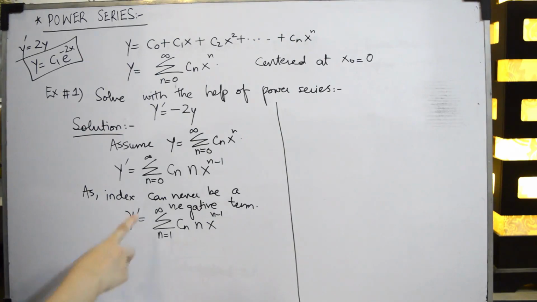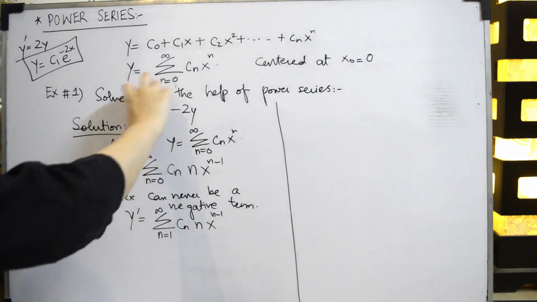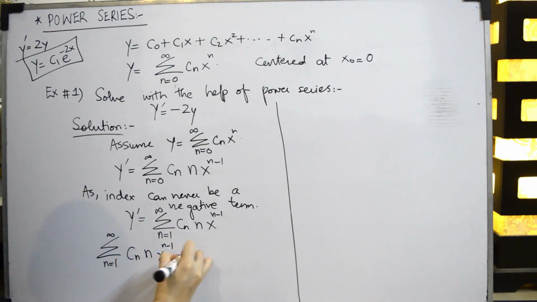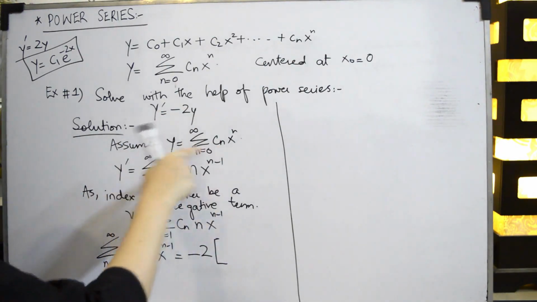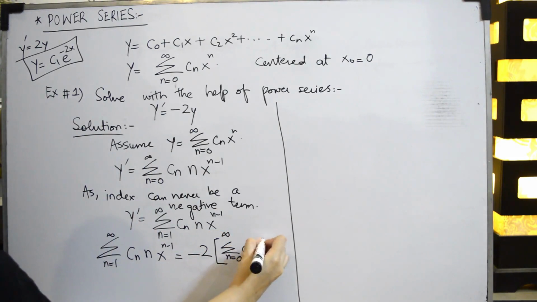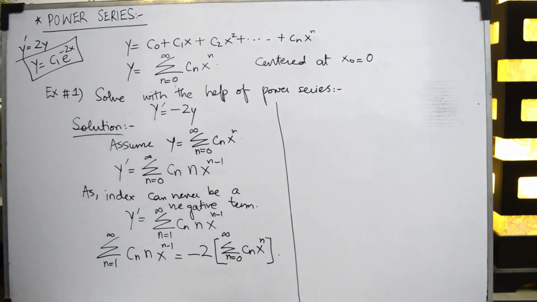Now put this y dash and y into the given differential equation. Then y dash, the sum from n equals 1 to infinity of cn n x to the power n minus 1, equals minus 2 into y. By our assumption, y is the sum from n equals 0 to infinity of cn x to the power n.